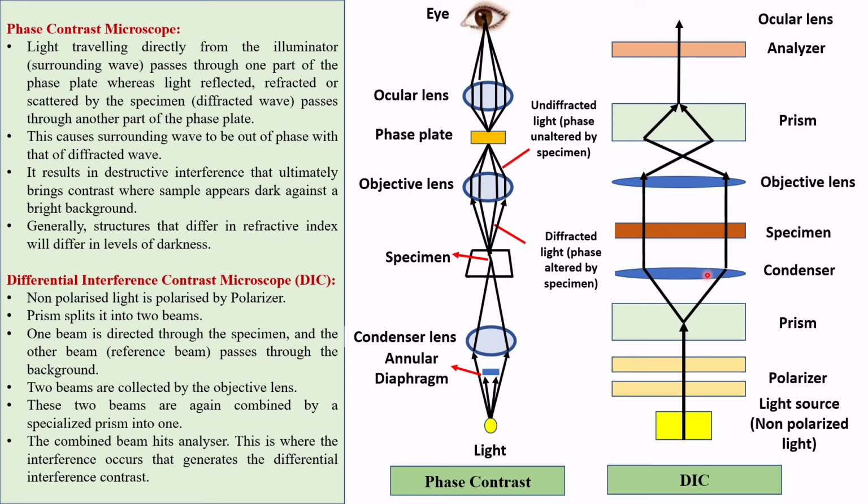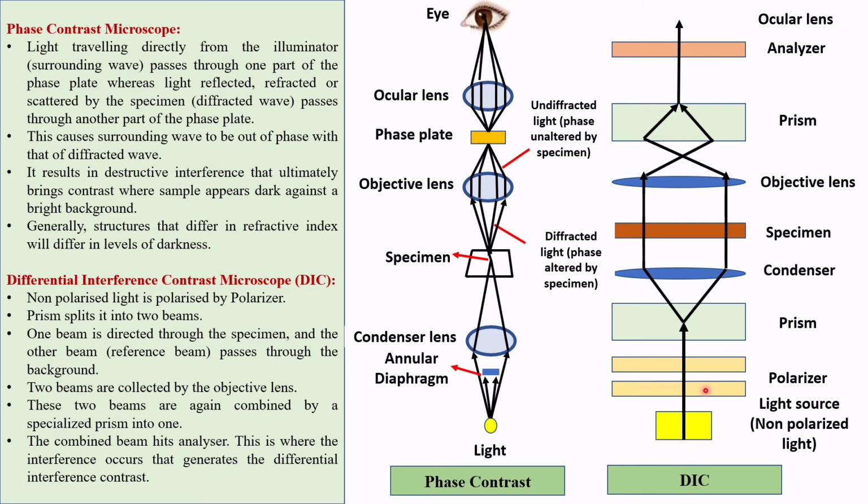That produces polarized light, which is the major feature that helps to give the sample more clarity and a 3D-like appearance. This is absent in phase contrast microscope. So, in DIC, non-polarized light is polarized by the polarizer.